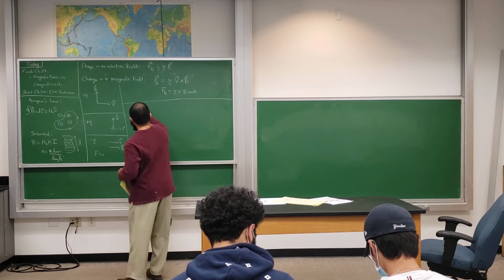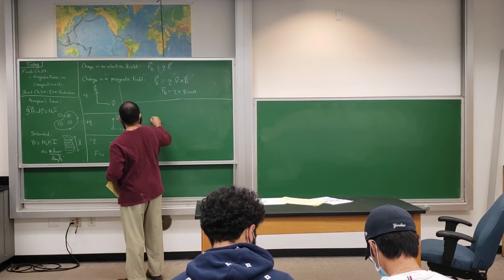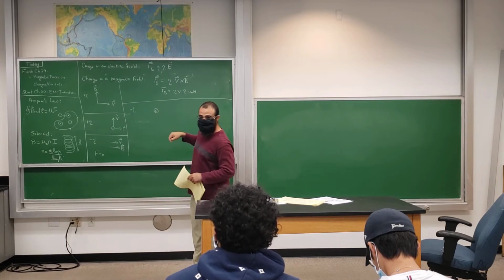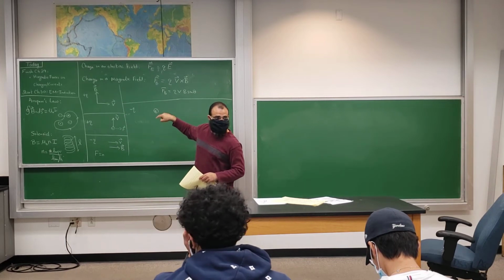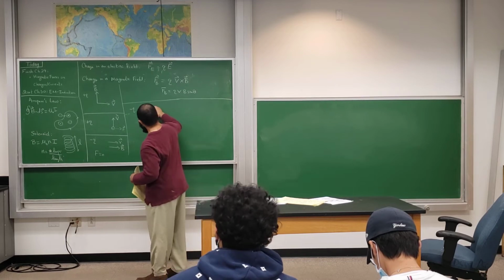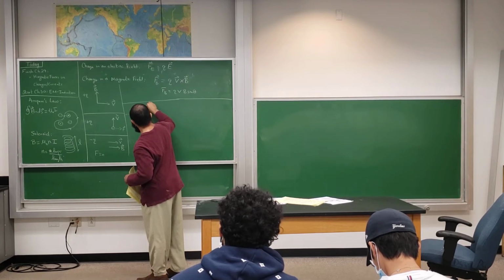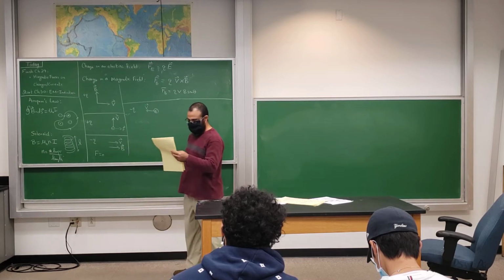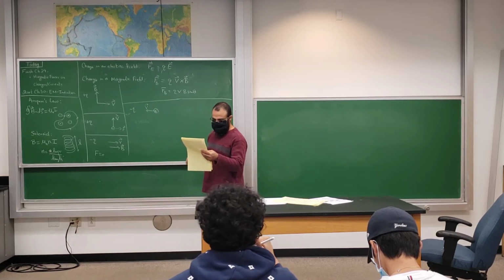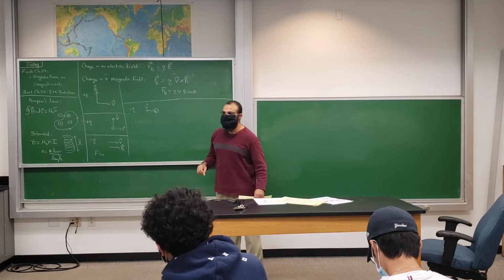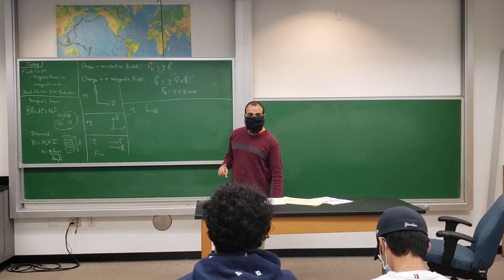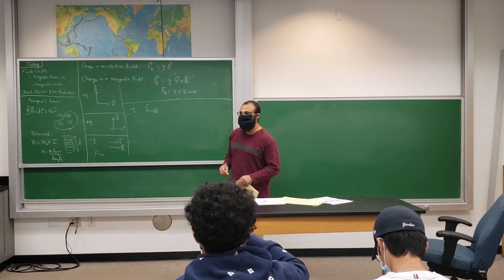Couple more. Let's say a minus charge. It's a negative charge. Here is the magnetic field. Magnetic field is in what direction? Into the board, right? And let's say the velocity is this way. So I heard up. Let's see why.